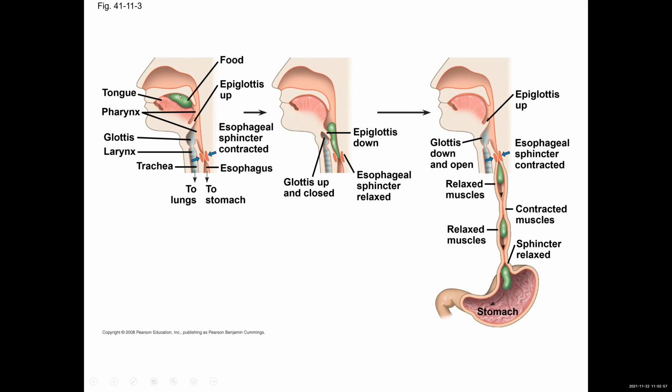we've chewed it. And once we swallow it, it becomes sort of a blob of food that we're going to call a bolus. It's going to move down our pharynx and esophagus through actions of our autonomous nervous system, controlling those smooth muscles that are around the esophagus.